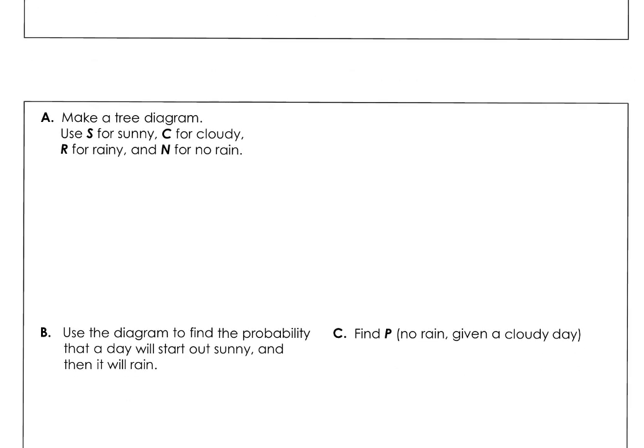We can use 78% of the days it was sunny, so we got 78%. And I want to put a capital S there for sunny. Then 64% of the days it was rainy, so we'll put a capital R at the end.